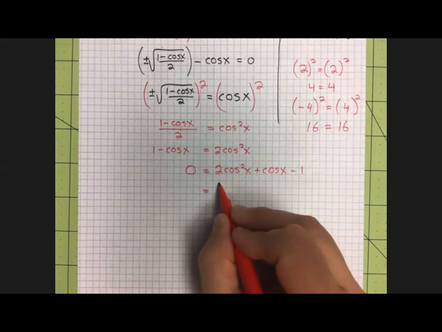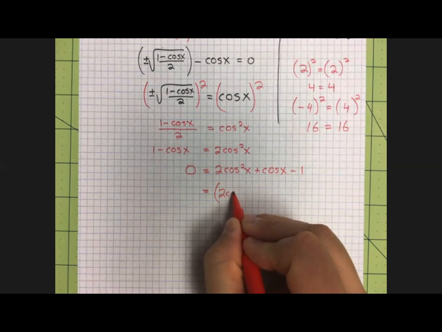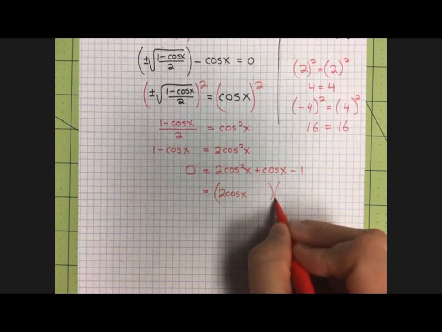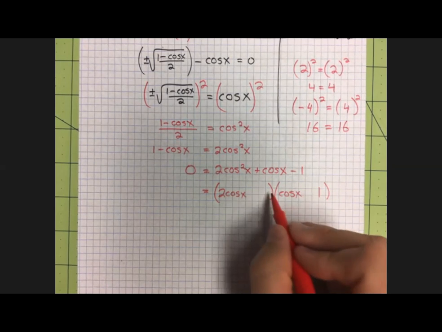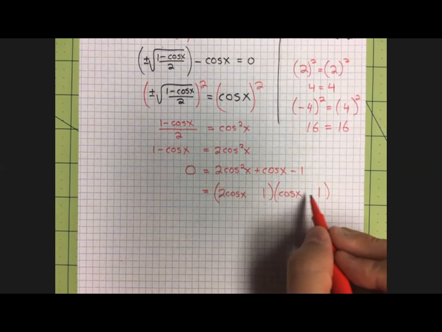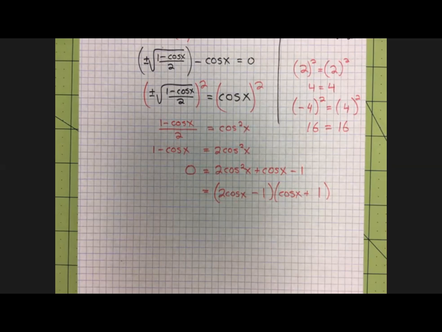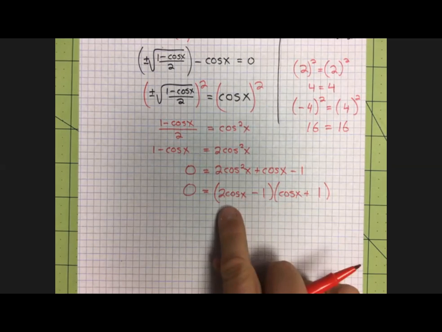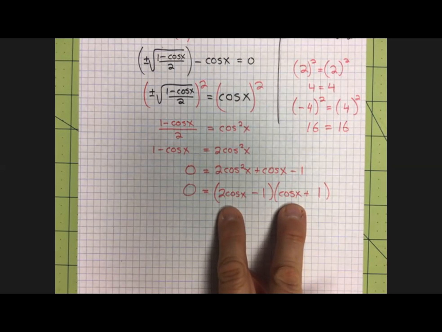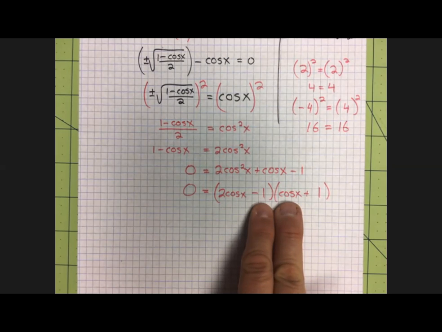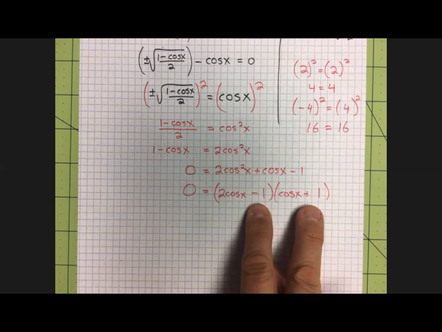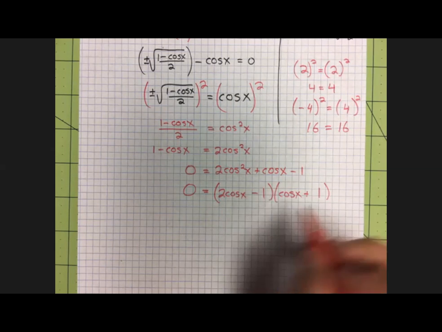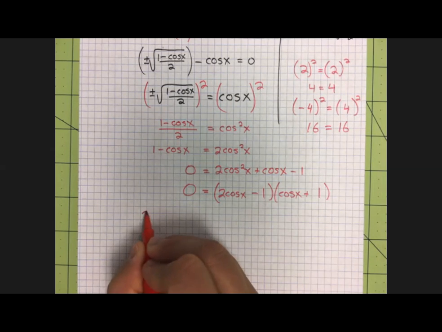I think this one factors into 2 cosine x, 1 times 1 is 1. Give me a plus 2 and a minus 1. Always check your factorings. 2 cos squared, yes. Minus cos x plus 2 cos x is plus cos x, yes. Minus 1 times plus 1 is minus 1, yes. So this is a legitimate factoring.